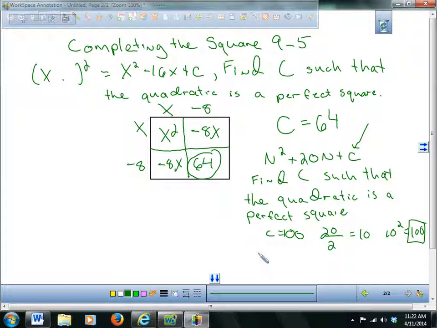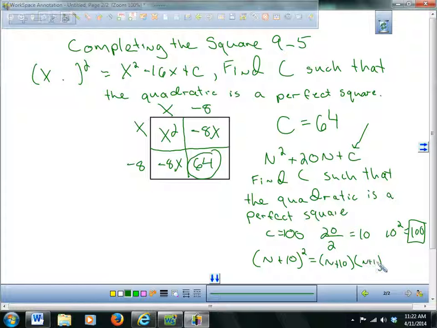Because if I multiplied n plus 10 squared, and I FOILed that out, this is equal to n plus 10 times n plus 10, right?